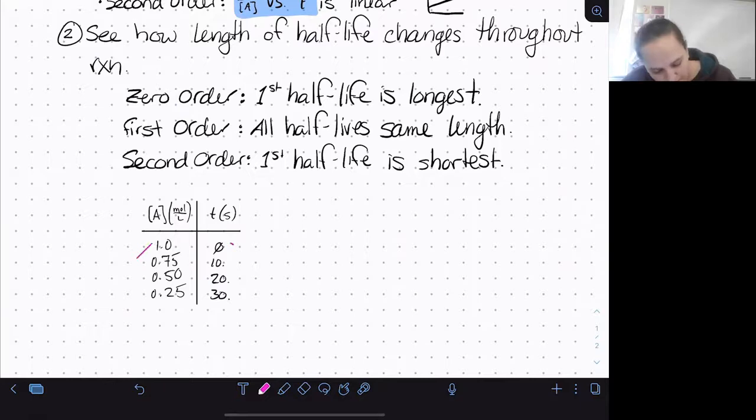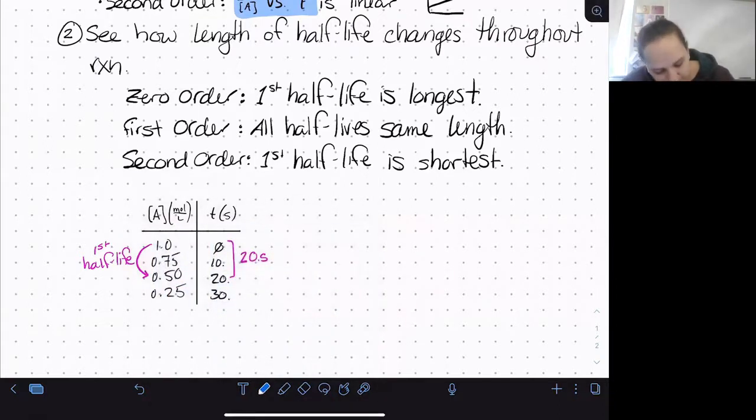The first half-life represents going from a concentration of 1 to a concentration of 0.5. So this would be my first half-life here, from 0 to 20 seconds. So that is 20 seconds long.